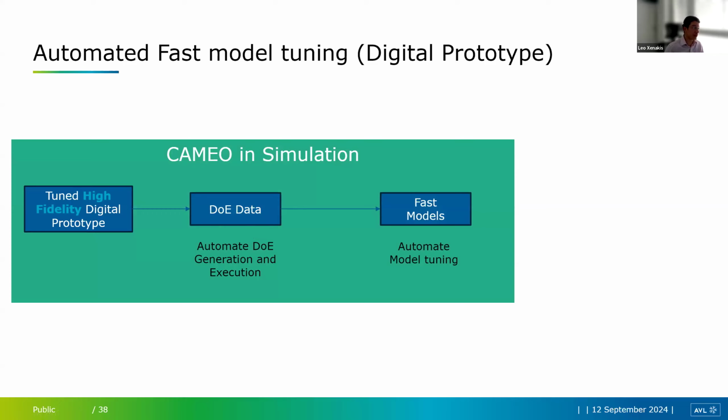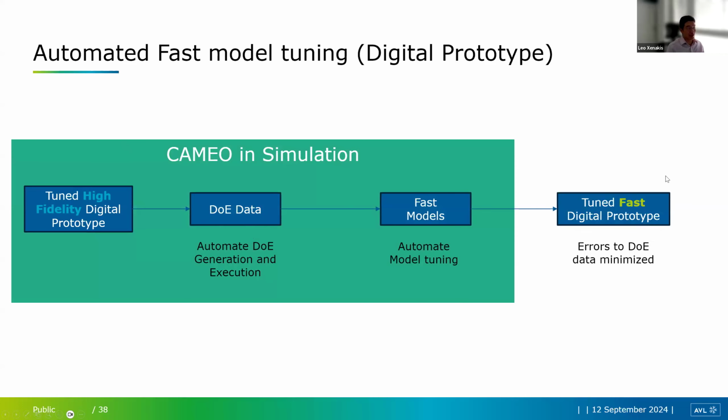In this case, we're running cycles. Cameo can automate the generation and the execution of these tests. And then you can automate the fast model tuning here. Hopefully at the end of this, you have some tuned fast digital prototypes, and the errors to the DOE data you generated here, basically the error to your original high fidelity digital prototype, has been minimized.